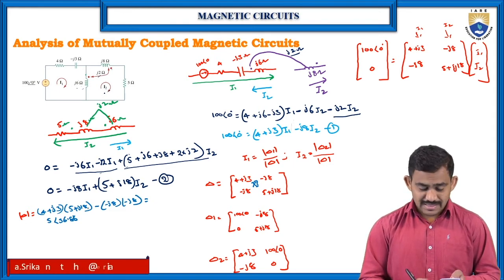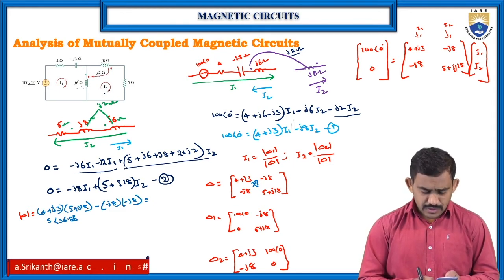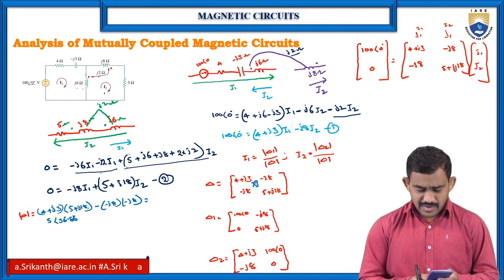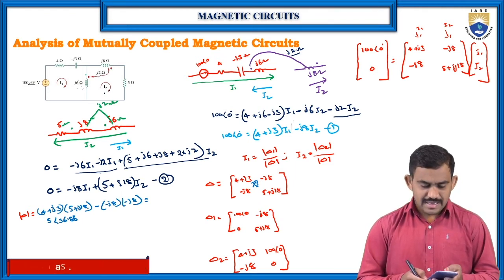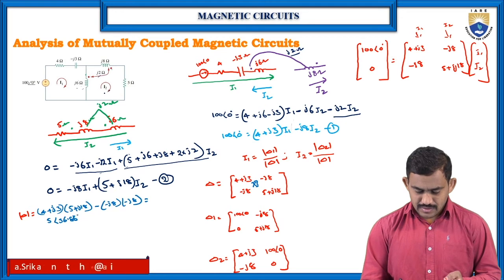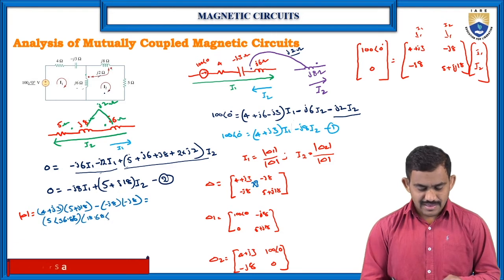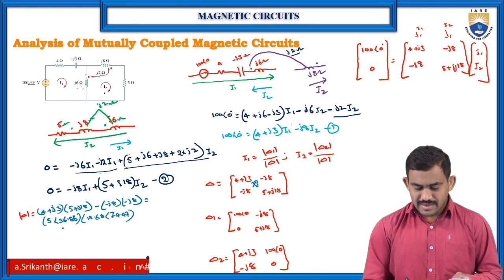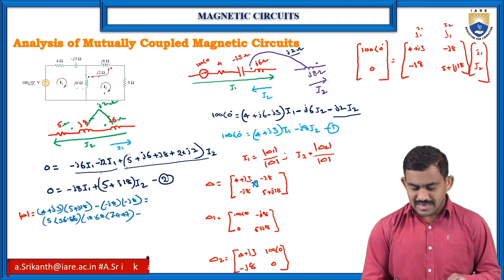Coming to 5 plus j18, again 5 comma 18, the value is 18.68 angle 74.47.